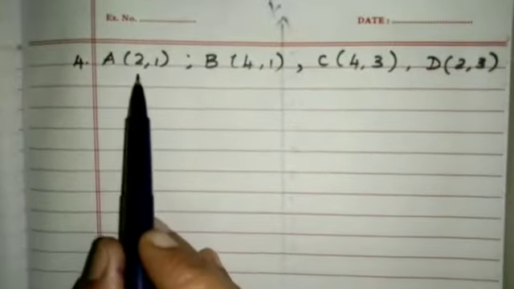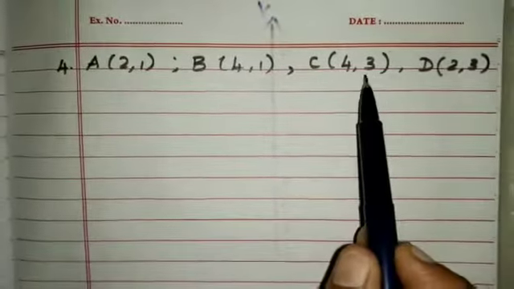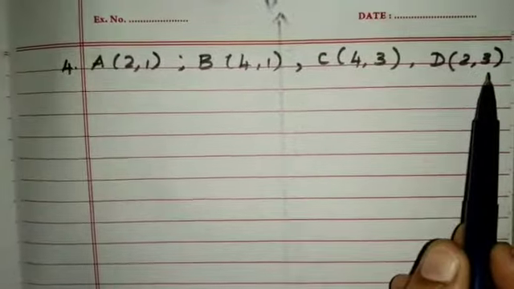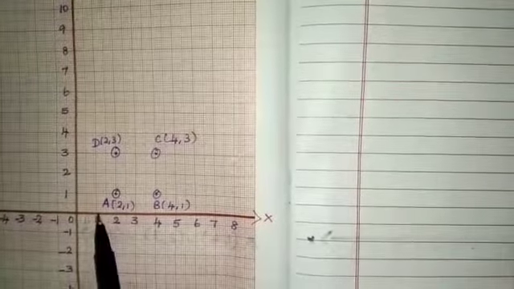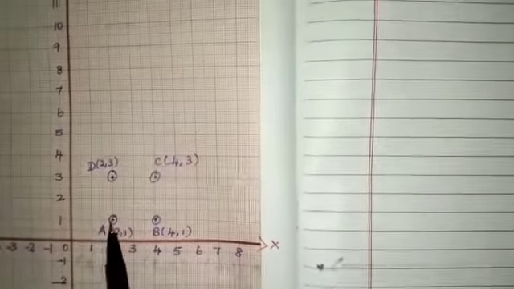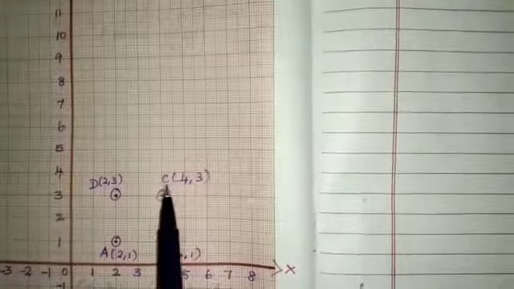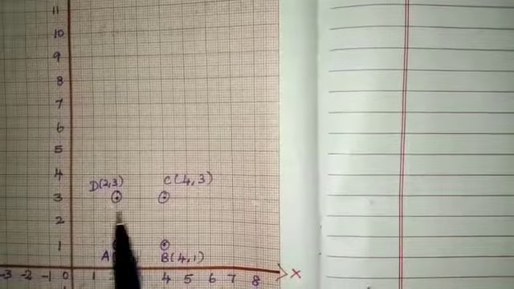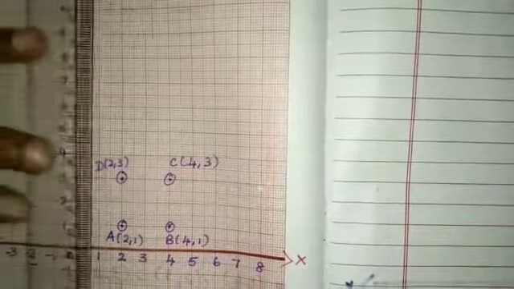Next sum: A (2, 1), B (4, 1), C (4, 3), D (2, 3). Now plot the points. First point is (2, 1). This is the point. Next B (4, 1). Next C is (4, 3). Next D (2, 3). Join the points.